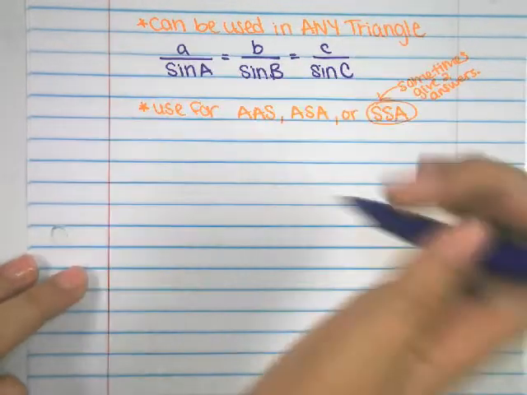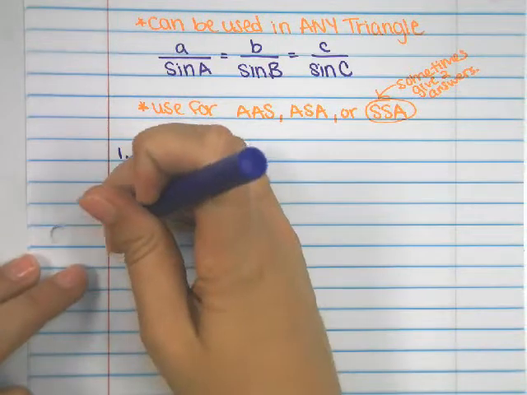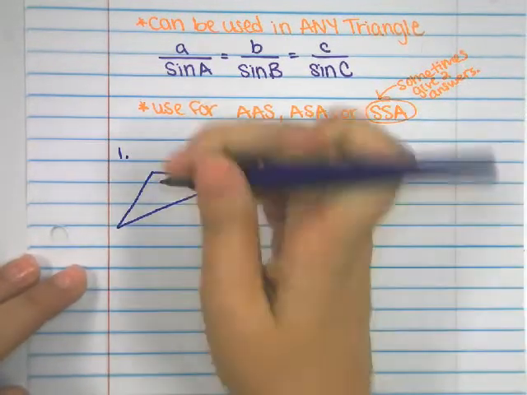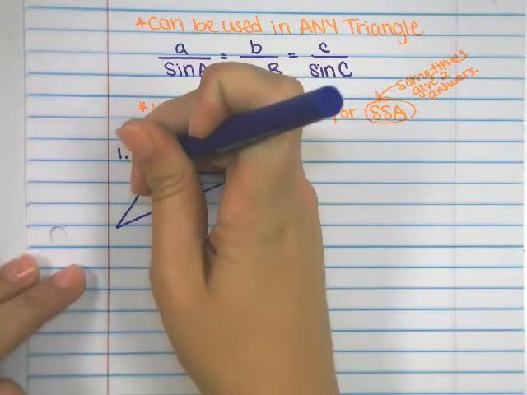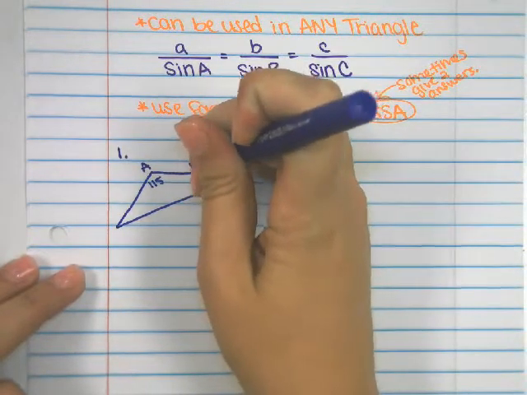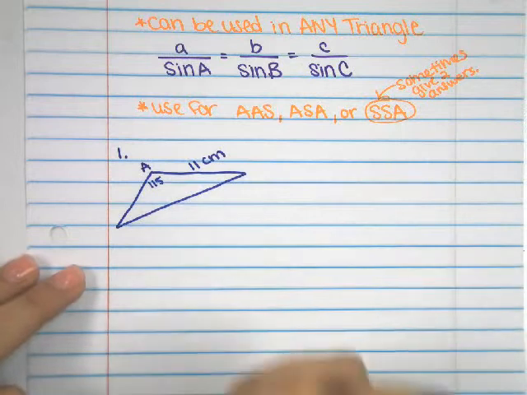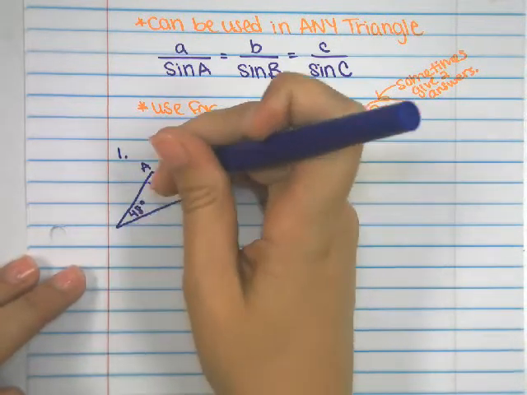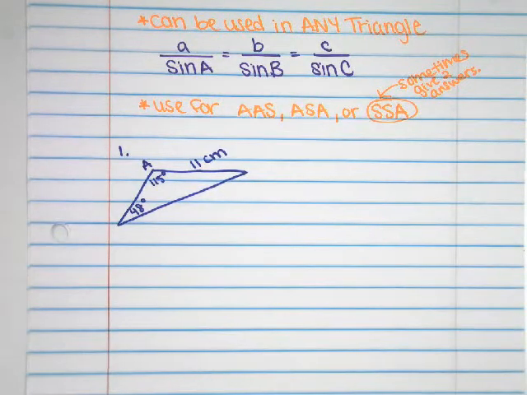All right, so how do we use this formula? Well, let's do an example. I'm going to do an obtuse triangle here. And that's what I'm working with.